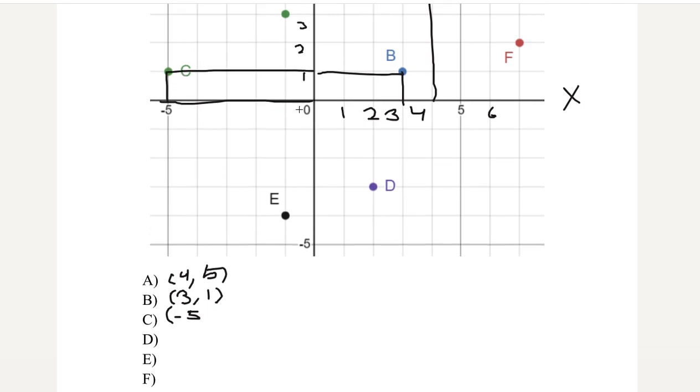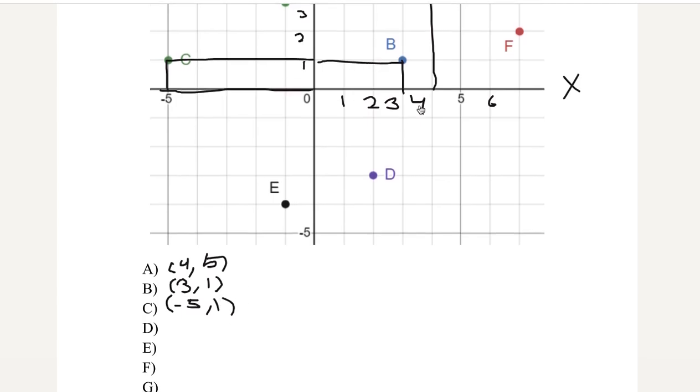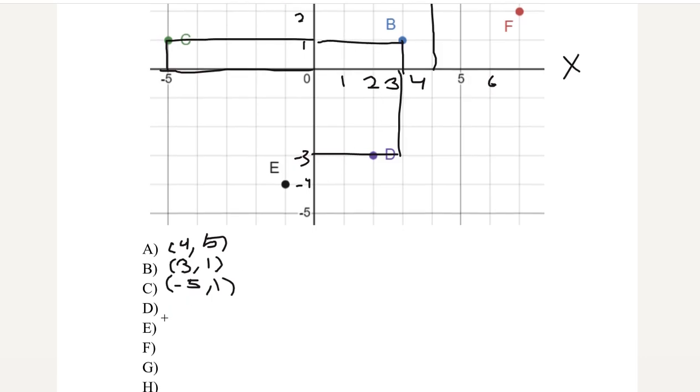So it should be -5, 1. Let's see about D. D is about at 3, and if we bring it across, this is -4. So we do the x first, which is 3, and then the y, which is -3.